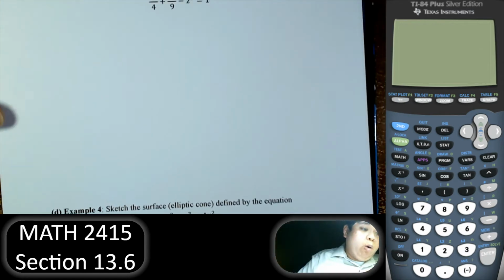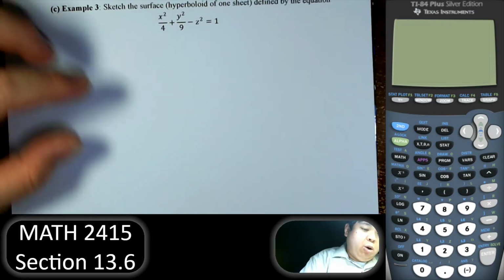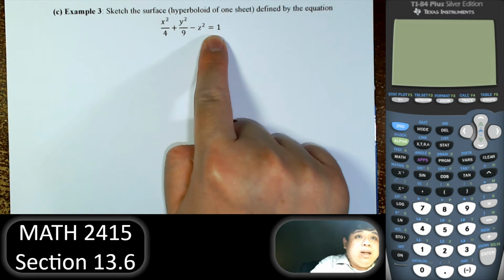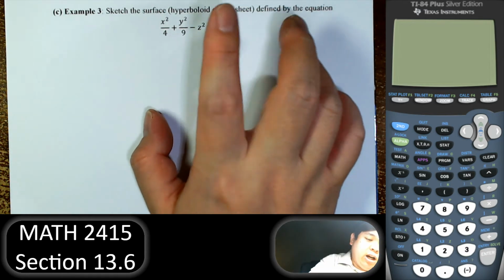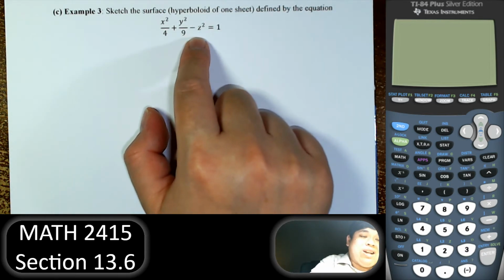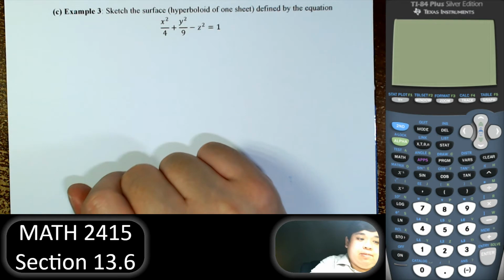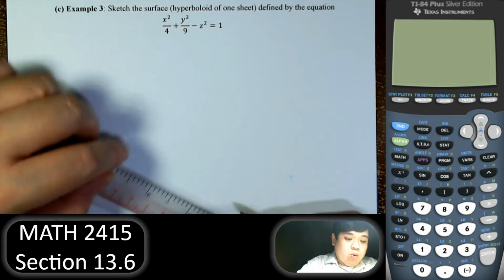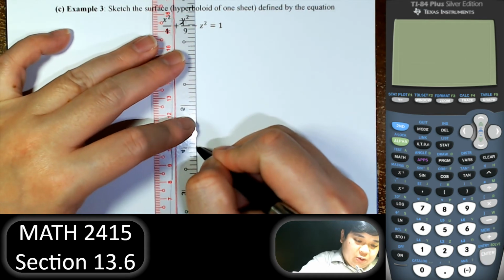We're not going to draw all of them, just get the idea. Now we have one. If this is one, it is going to be either paraboloid or ellipsoid. So this is going to be a hyperboloid of one sheet because there's one negative sign. Right, so actually we can draw this one relatively well too.